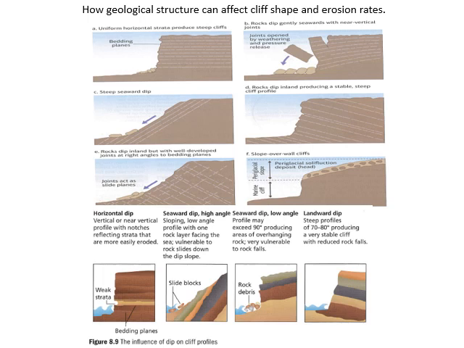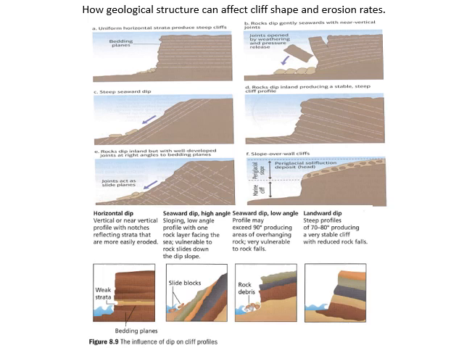When you're looking at geological structure, not only do you get the concordant and discordant coastlines, but it also has an impact on individual cliffs. You can see here within these diagrams that the direction and dip of the bedding planes can have a big impact on the shape of the cliff.